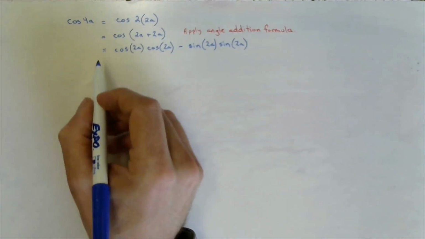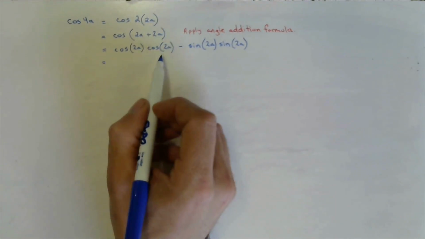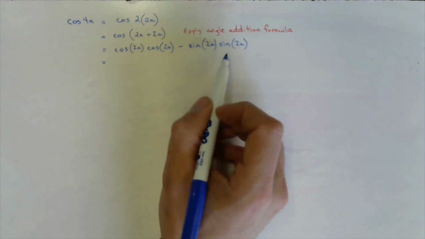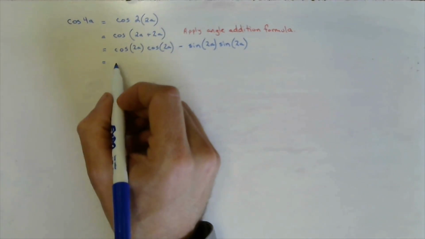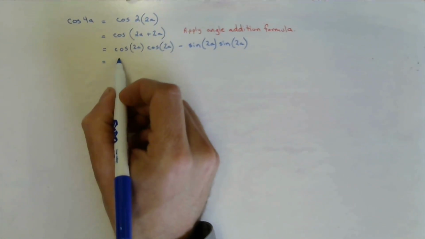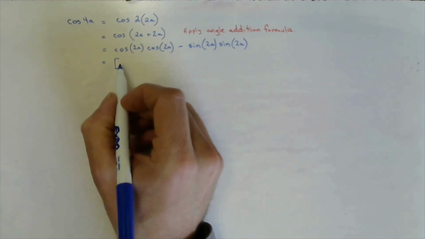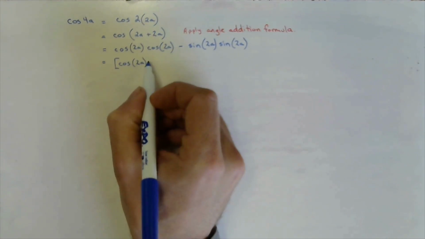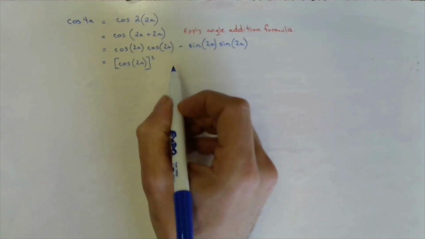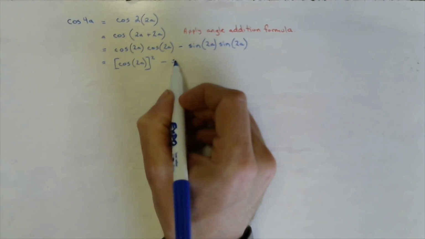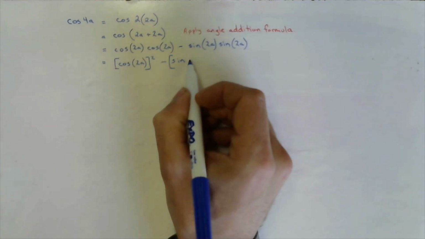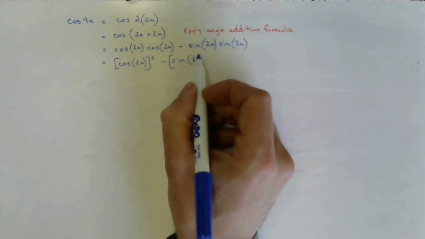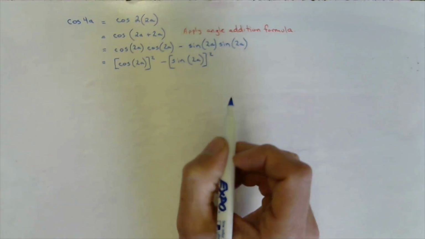We're going to simplify that. So you have a squared situation here and a squared situation here. So now we have the cosine of 2a, and that's squared, minus the sine of 2a, and that's squared.